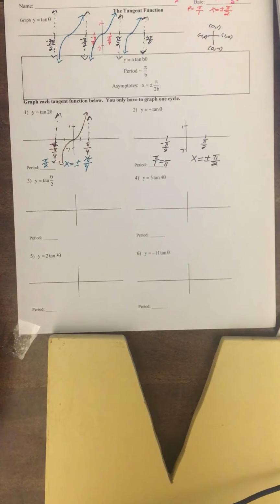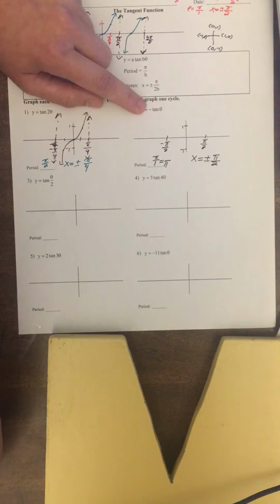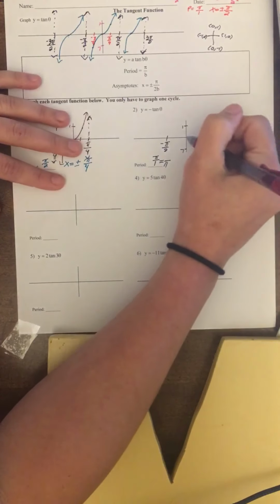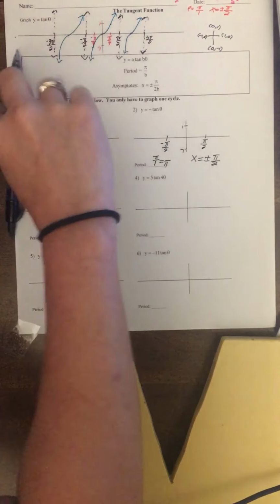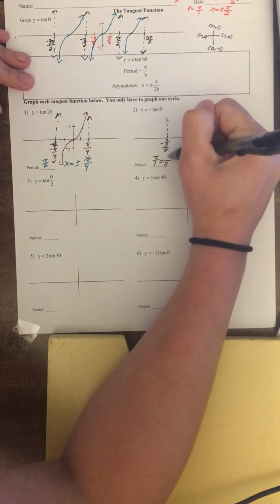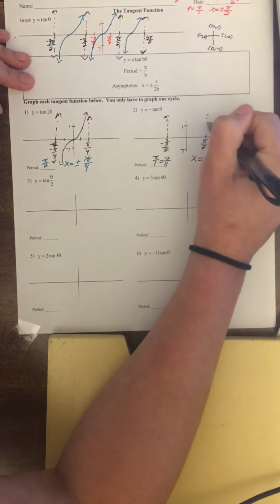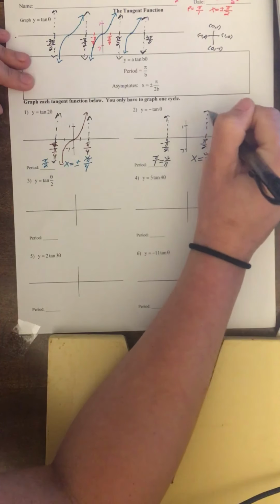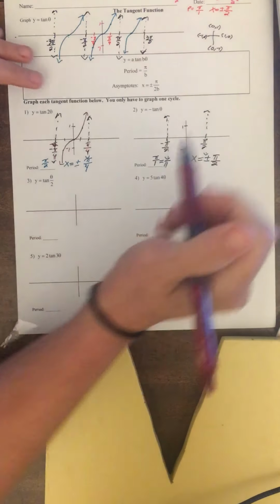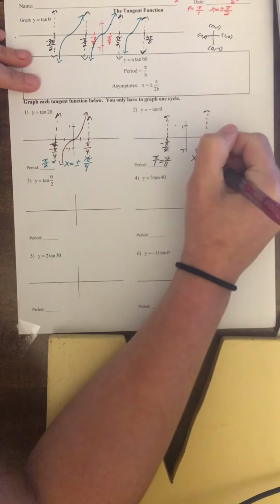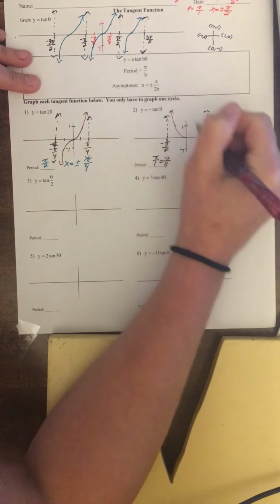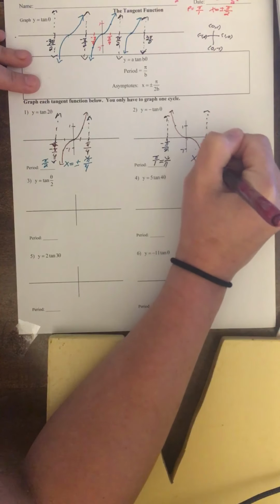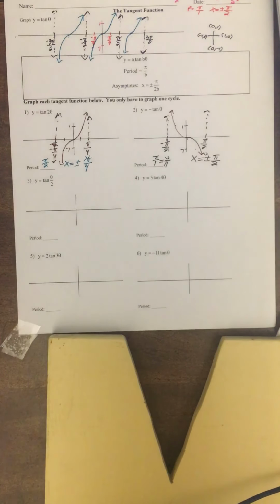And since our a value is negative, that just means that instead of our graph going this way, it's going to go the opposite way. Forgot to draw my asymptotes. Okay, so it would just look like this. They're going to get closer and closer to those asymptotes, but never actually touch the asymptotes.